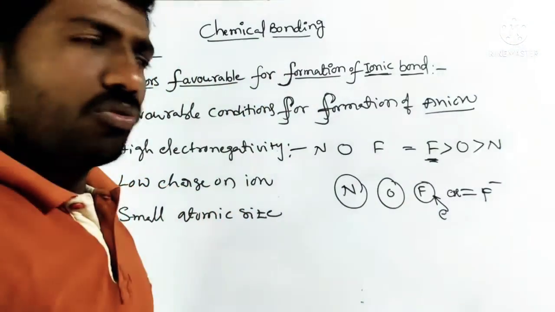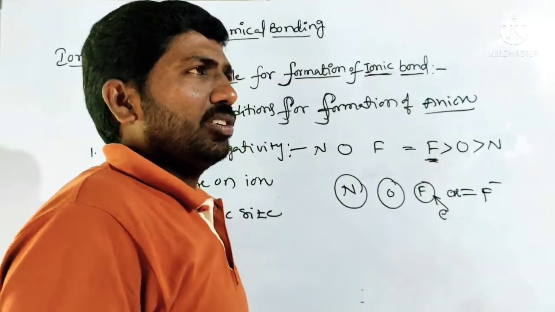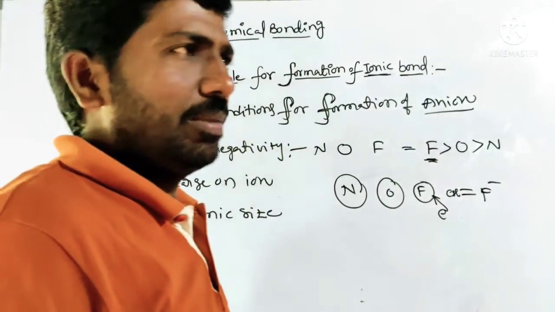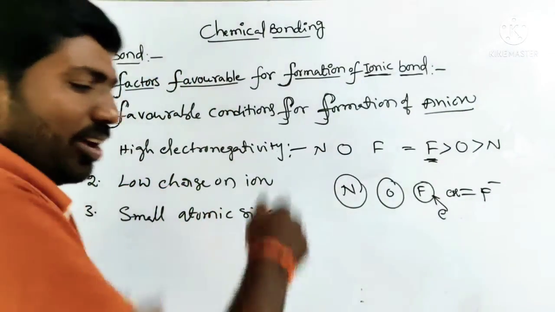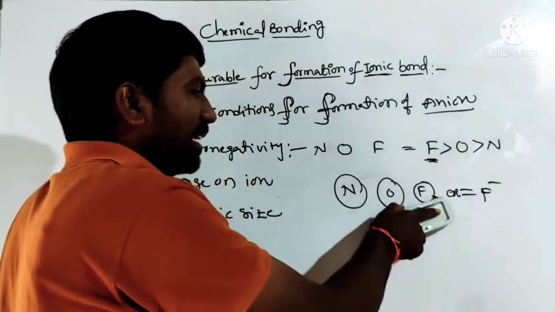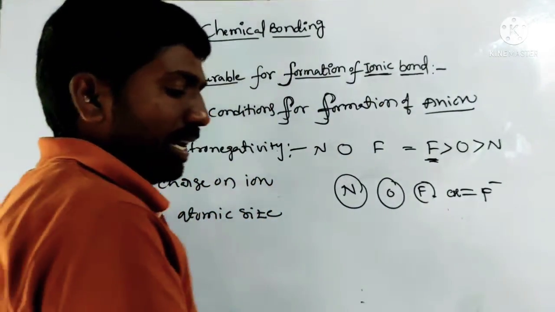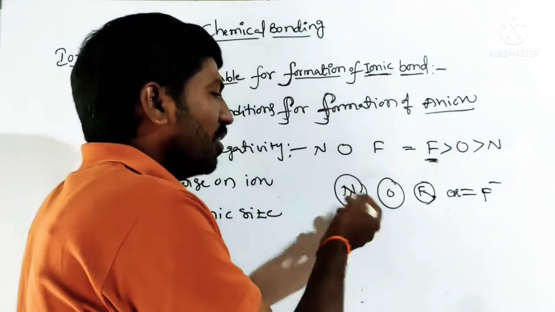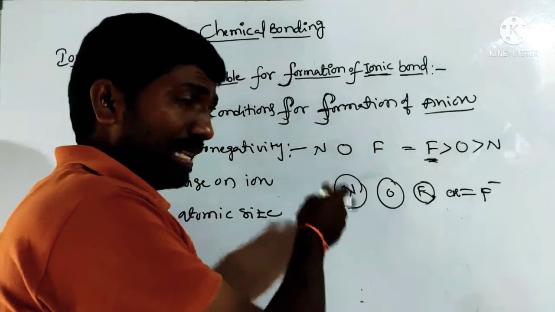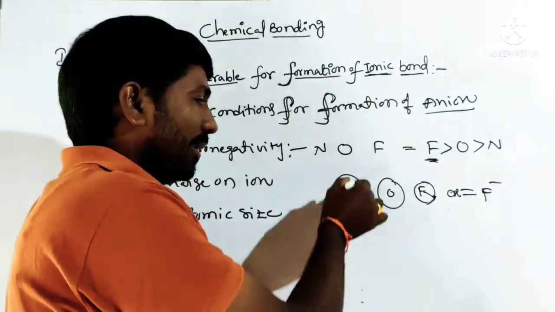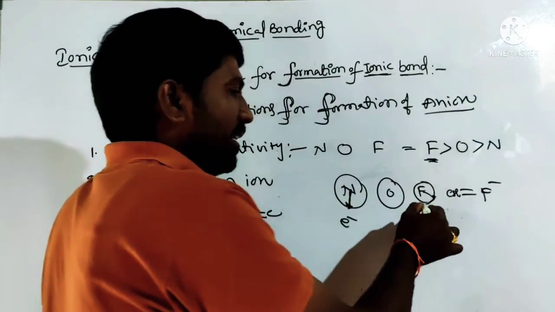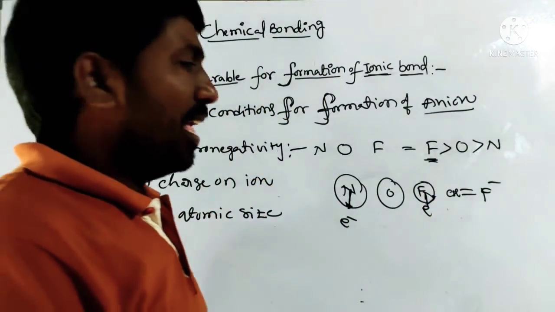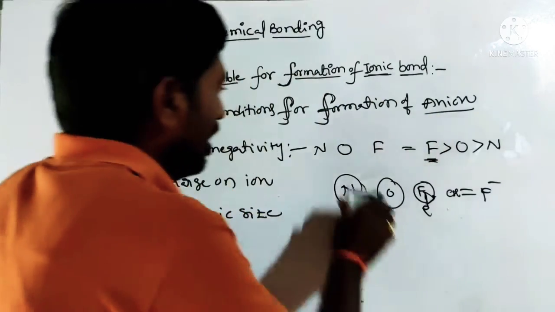Which element easily accepts electrons is known as an electronegative element. Mostly electronegative elements form anions. Since the size is small, the attraction is more. Here the attraction is somewhat high, here it is less because the size is more, and here the attraction is very high because the size is very small. So that is the order.